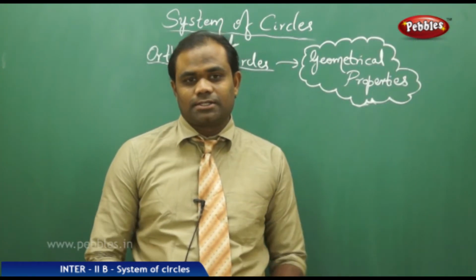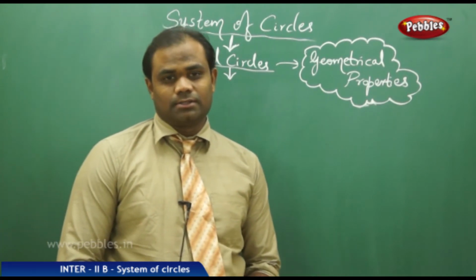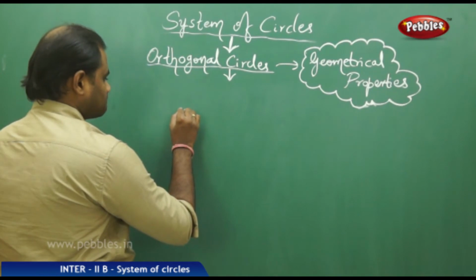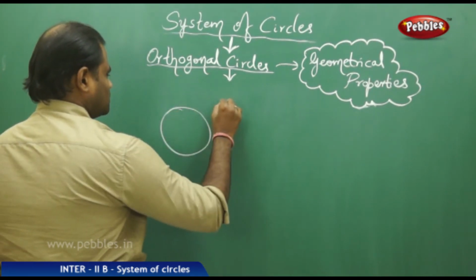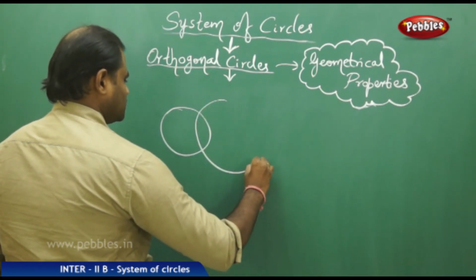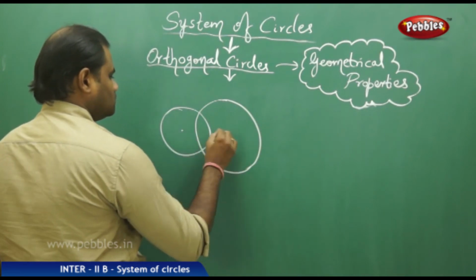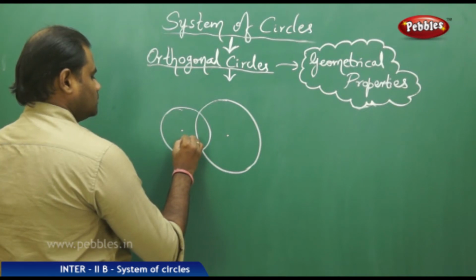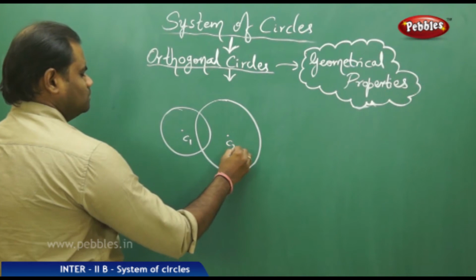Now let's discuss the geometrical properties involving the orthogonal circles. Suppose the two circles are orthogonal, the circle with center C1 and the circle with center C2.